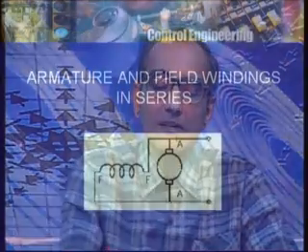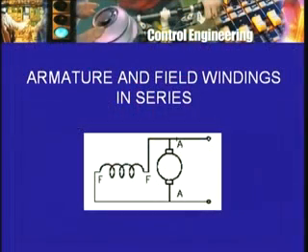As the word series suggests, in the case of a series motor, the armature is connected in series with the field winding. That is, the same current flows through both the windings, the armature winding as well as the field winding.